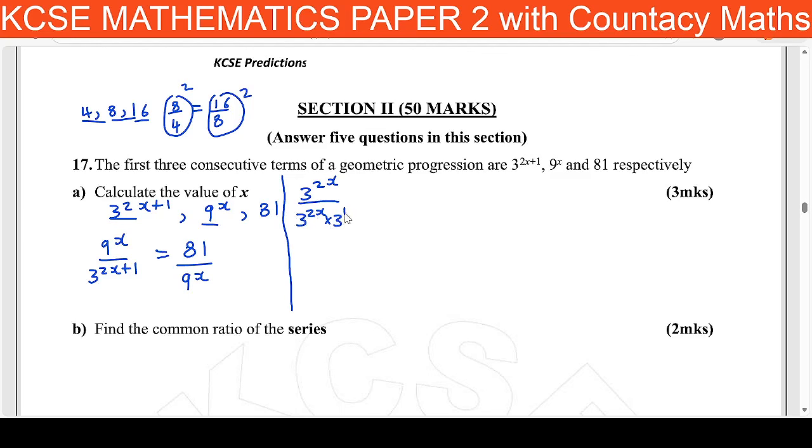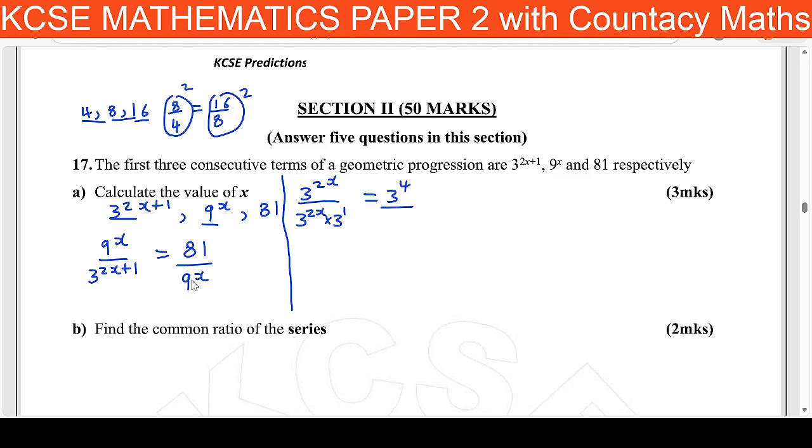I hope you know why, because this is the addition law of indices, where if we have a multiplication sign between common bases, that is 3, we always add the powers. So this is a reverse of that law. Always know that 3 to the power 2x plus 1 is equivalent to 3 to the power 2x multiplied by 3 to the power 1. And 81, we can convert to the simplest base to get 3 to the power 4.